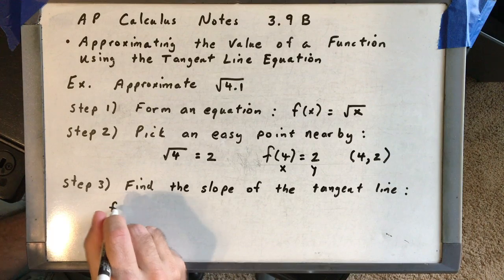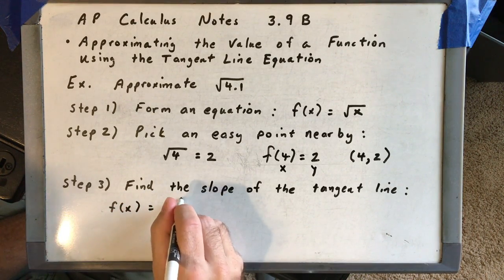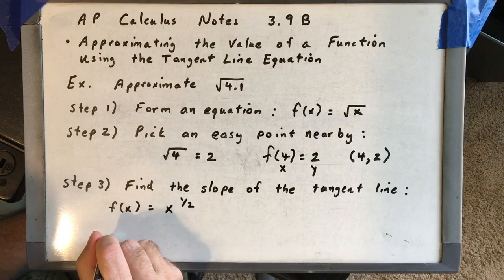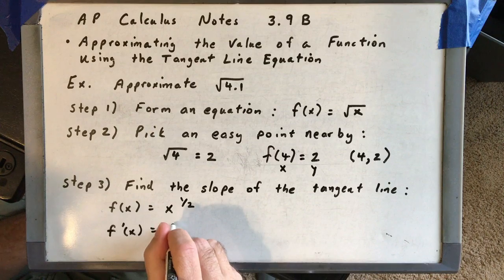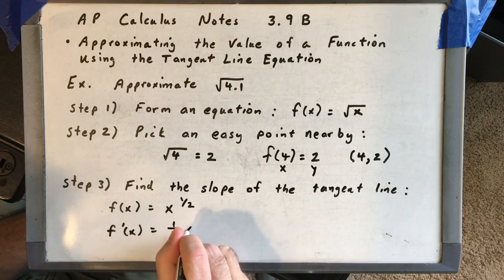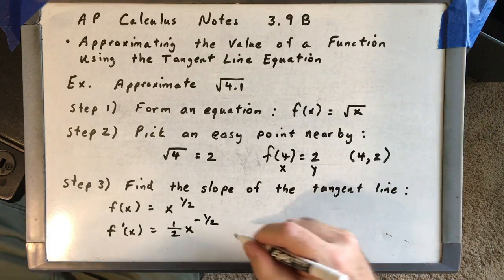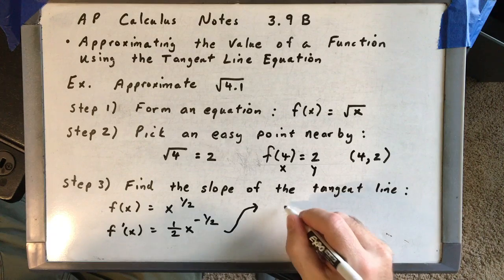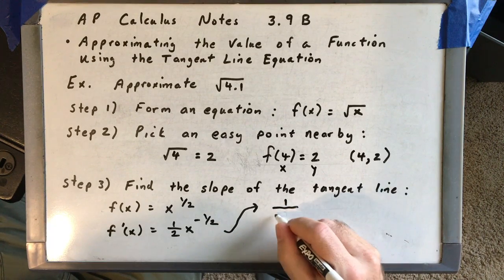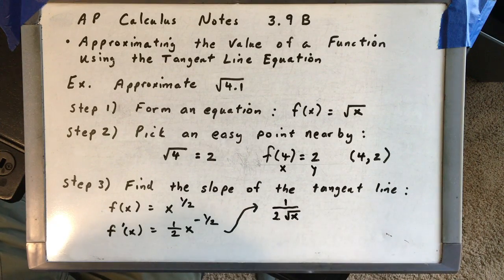So let's rewrite this as f of x is equal to x to the 1/2. So f prime of x is equal to 1/2 x to the minus 1/2. All right, I'm going to rewrite that as 1 over 2 times the square root of x.